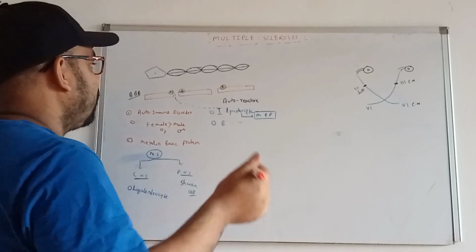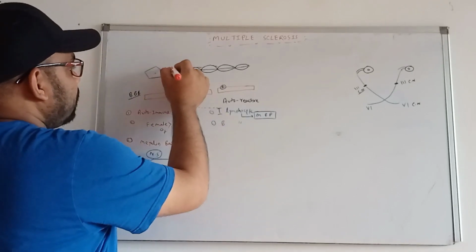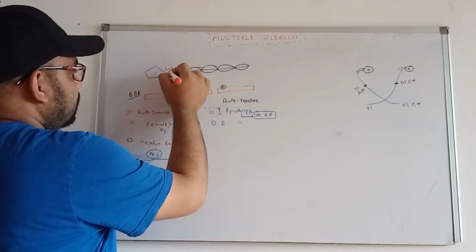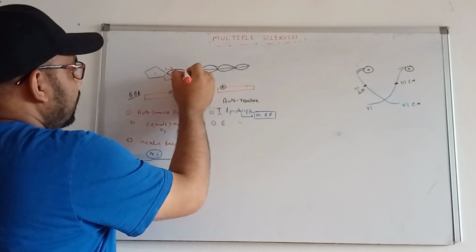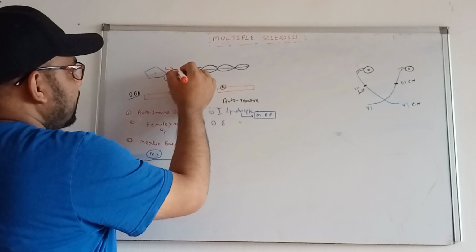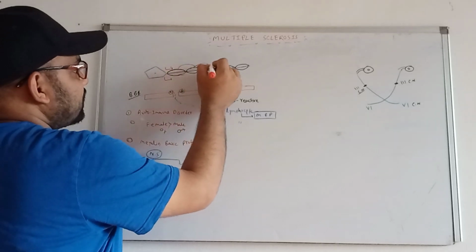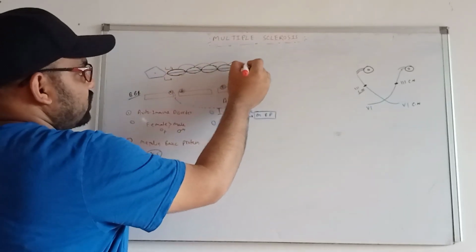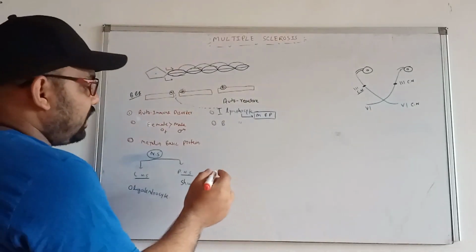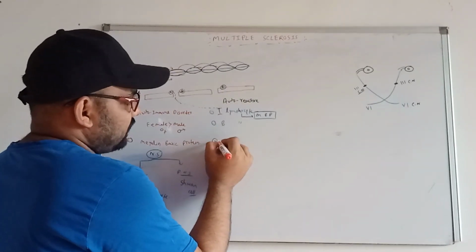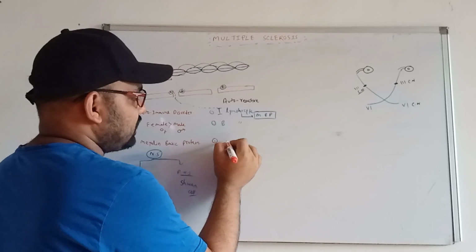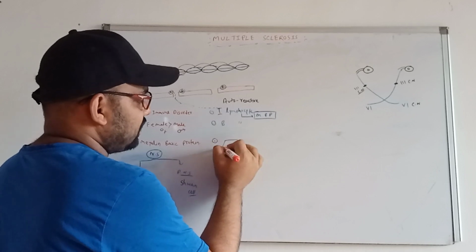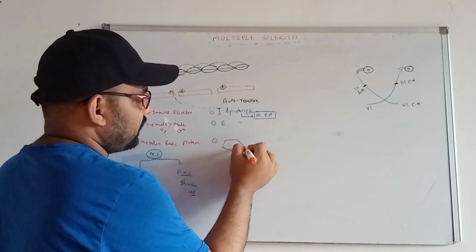Saltatory conduction means whenever the impulse comes over here, it will just jump from one node to another. As a result, the speed of conduction will be so fast, right? That means, if I say for example that there is also another kind of neuron over here. Okay, just take it easy.